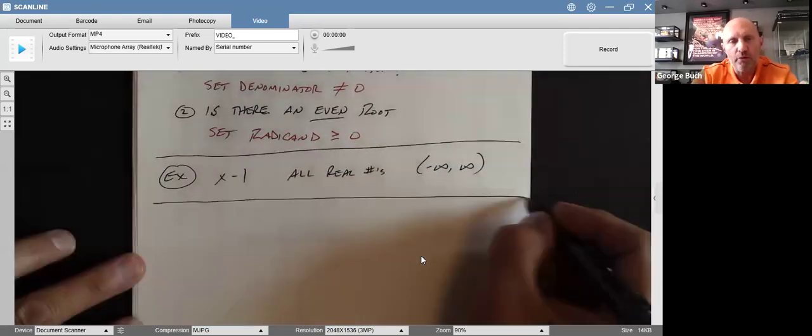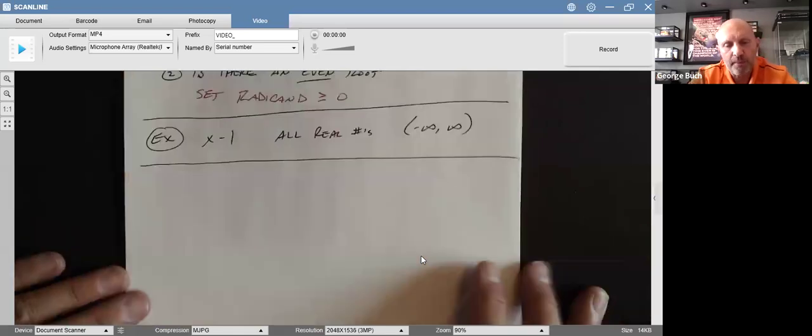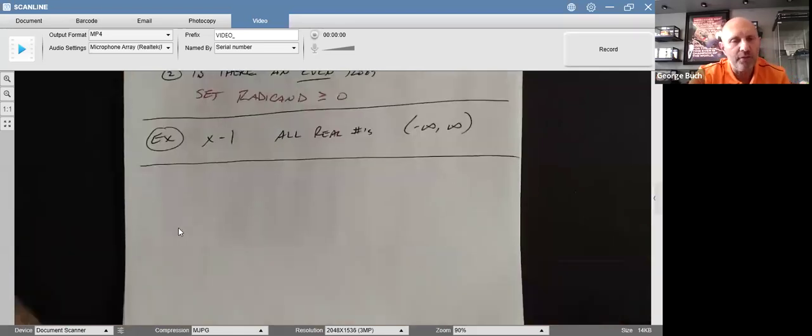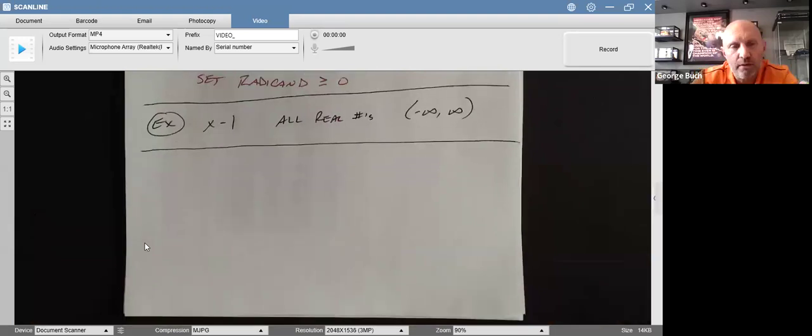Now, the nice thing about rational expressions is that they follow essentially the same kind of rules and the same kind of process that regular fractions follow.